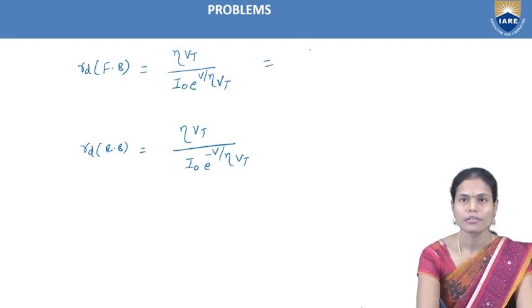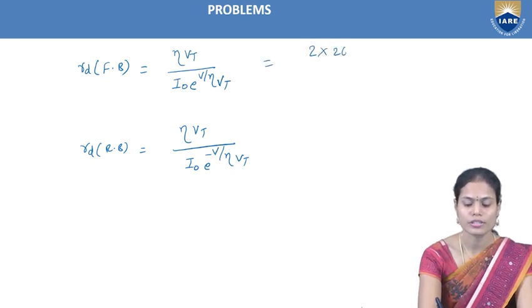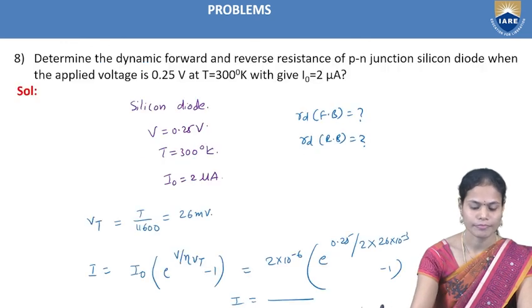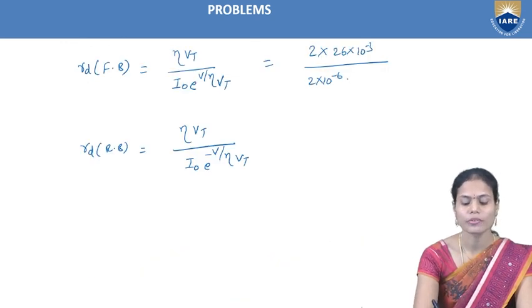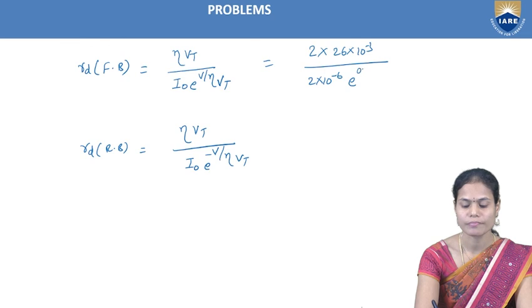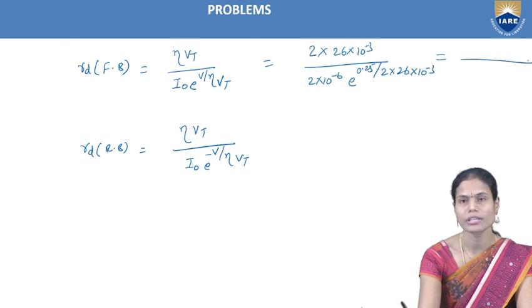So in this case, eta value is 2, Vt is 26 millivolts, so 26 into 10 power minus 3, I naught is 2 microamperes, that is 2 into 10 power minus 6, e power V given as 0.25 volts divided by 2 into 26 into 10 power minus 3. If we simplify this, we will get the forward dynamic resistance.